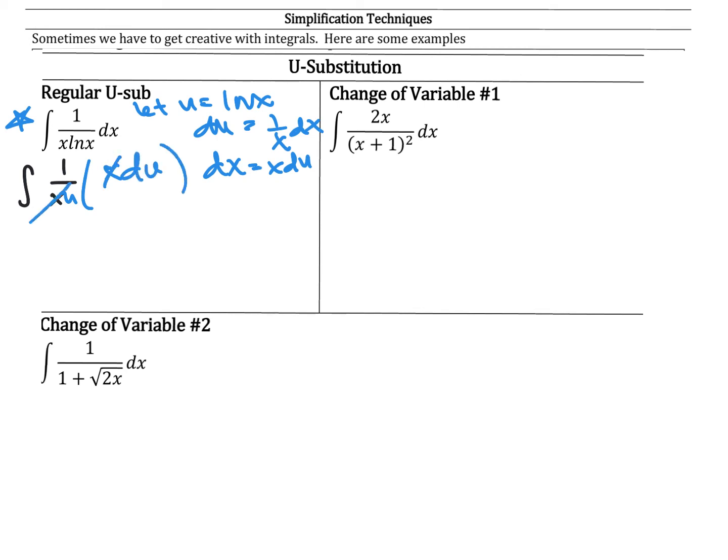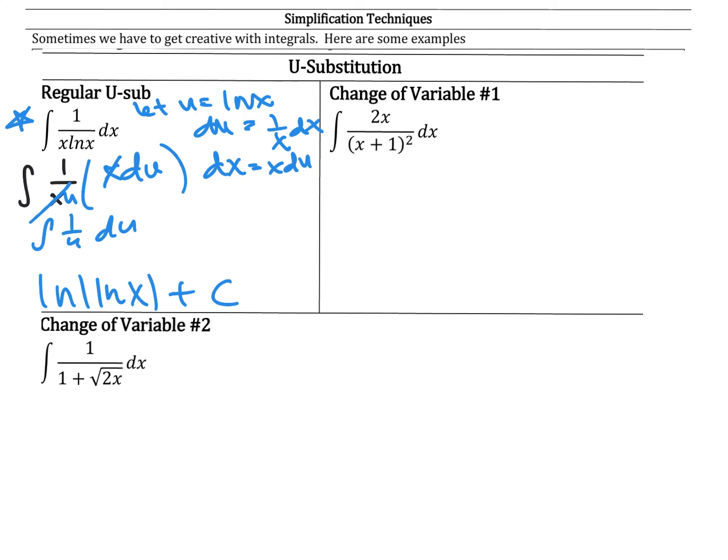So those x's are going to divide out, and we would just end up with the integral of 1 over u du, which we could integrate to get natural log, as we have already talked about. So this final answer here would end up being the natural log of the absolute value of the natural log of x, since this is what my u was, plus c.